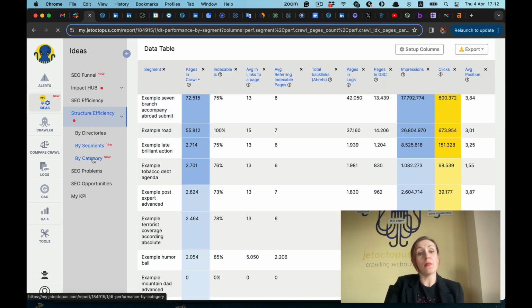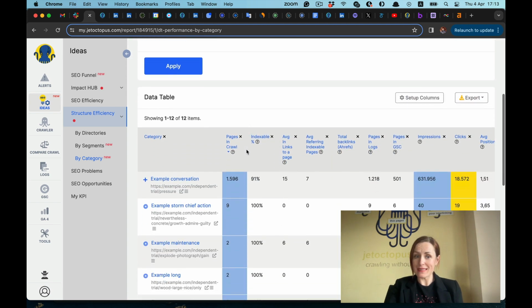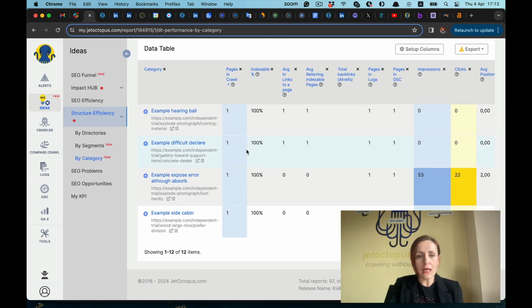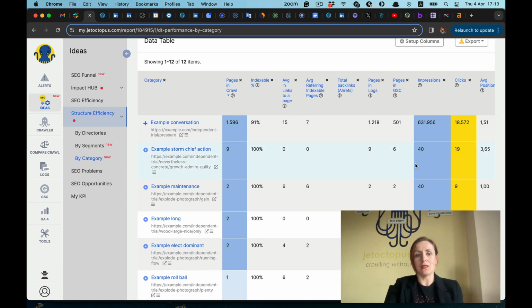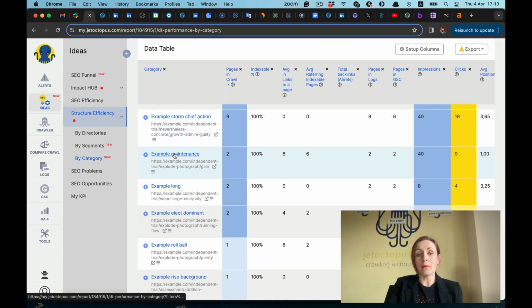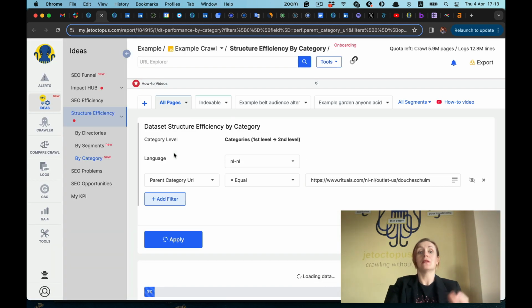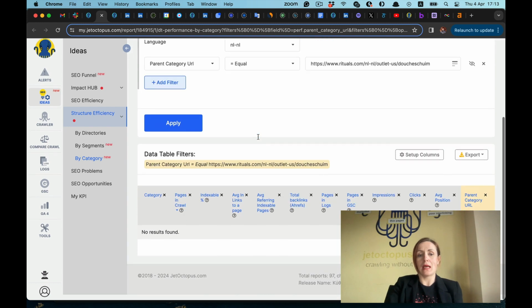And we have one more section here, site structure efficiency by categories. And here again, all the categories you have on your website with full information on the efficiency. The same criteria, but right now by the categories. And you remember that you can click into the category and you will go into the subcategory within this category.